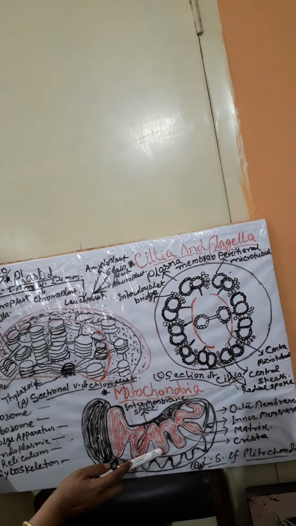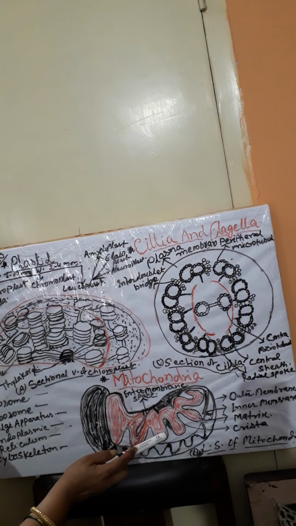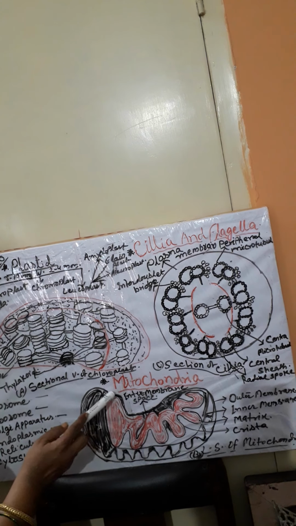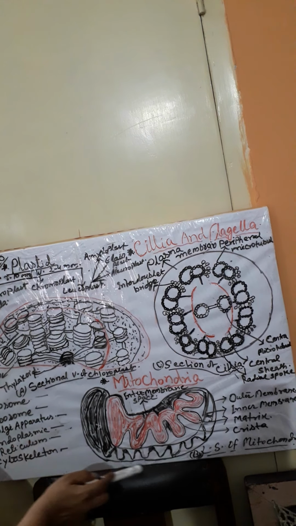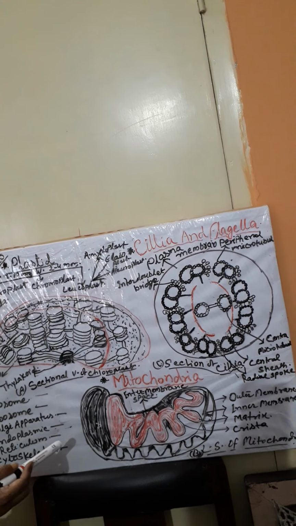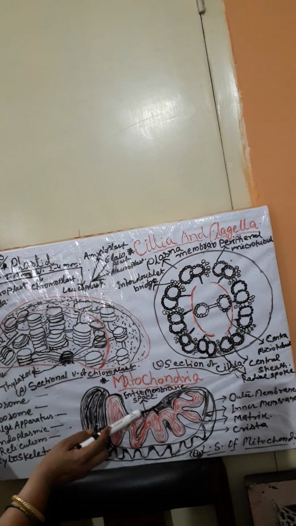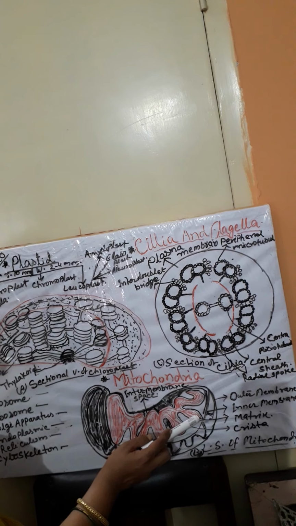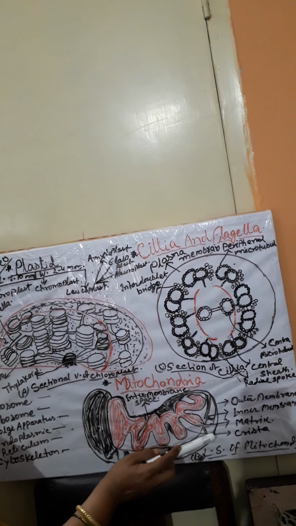The outer membrane forms the continuous limiting boundary of the organelle. The inner compartment is called the matrix.